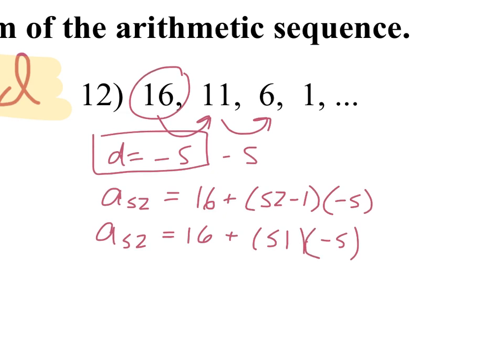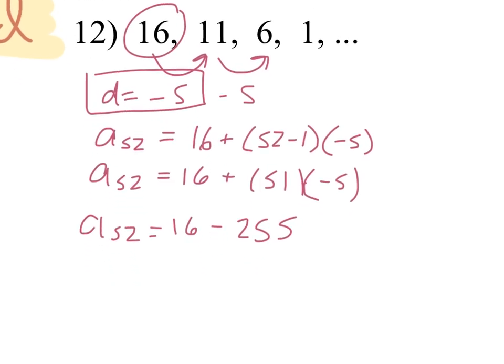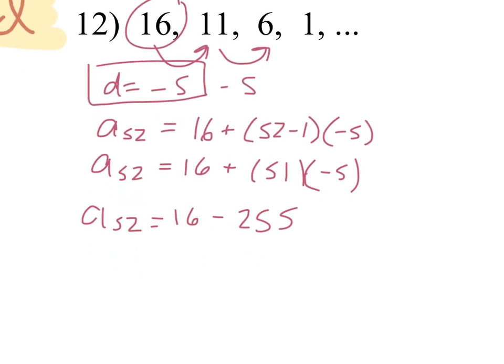So 51 times -5 is -255 actually, so we're going to put a minus 255. So now we need to do 16 minus 255. So our 52nd term is -239.